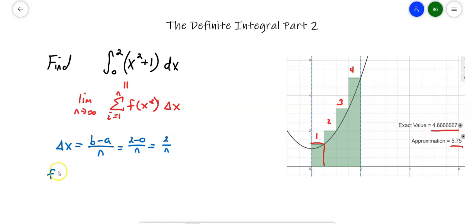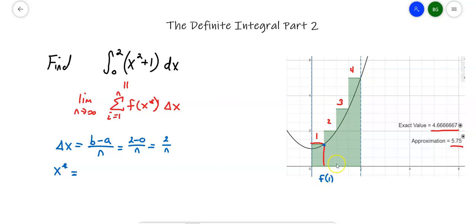Another thing we want to figure out before we get into it is how to represent x star. You can choose how to represent it, because we're going to take n to infinity, which means the difference between left and right endpoints is 0. But it does make a difference when you think about how you're going to represent that point. If I'm going to use right-handed endpoints, let's just do the 4 here.